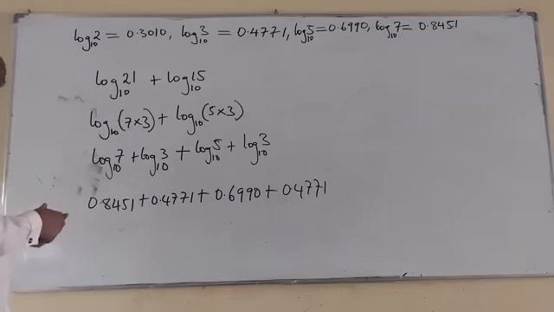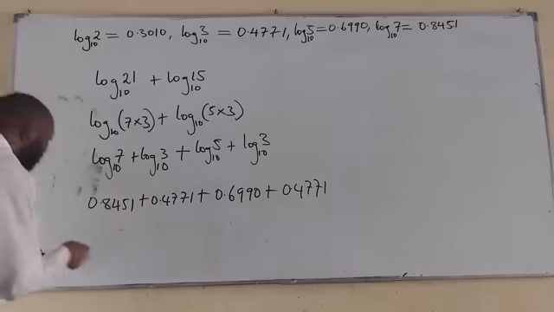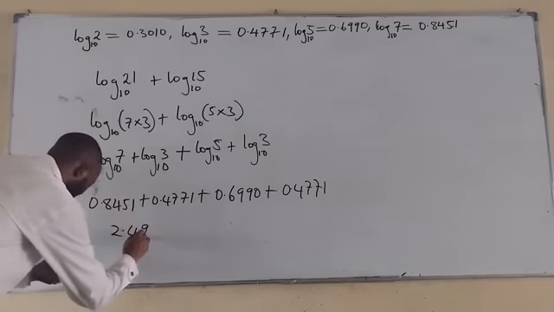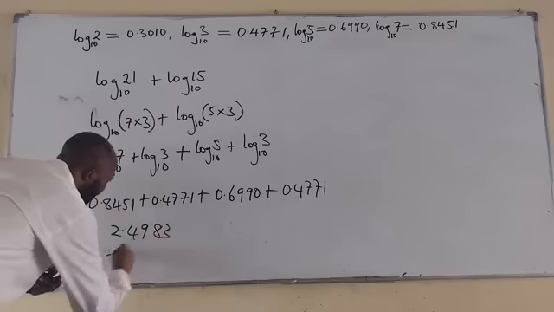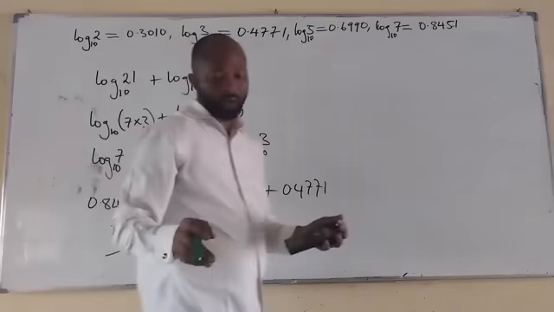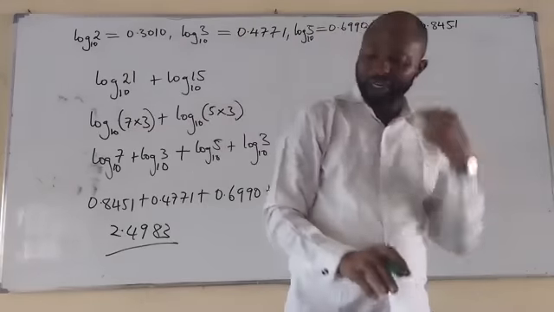Let's add this all: 0.8451 plus 0.4771 plus 0.6990 plus 0.4771 is 2.4983.